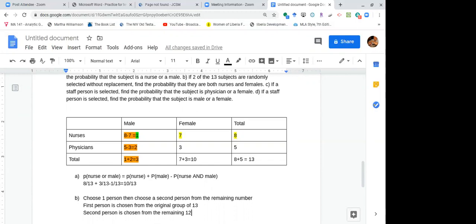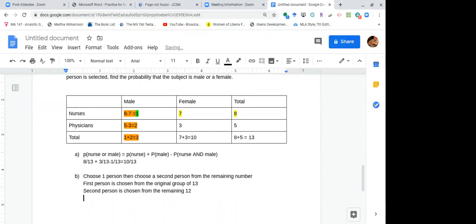So we want the probability of female nurse and female nurse.